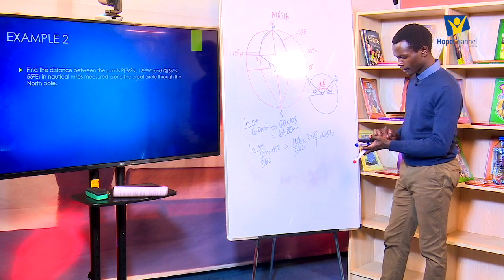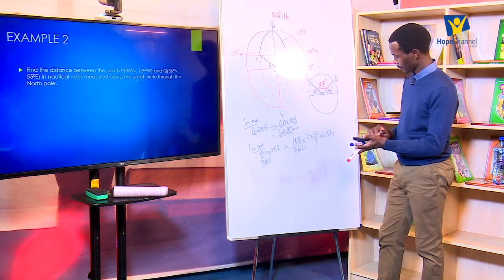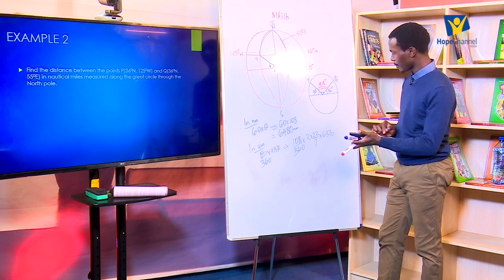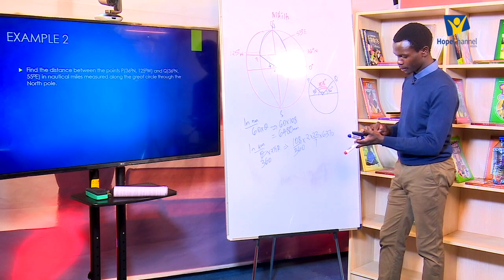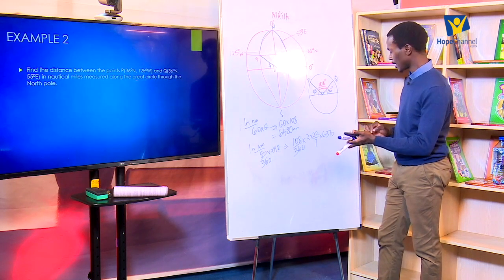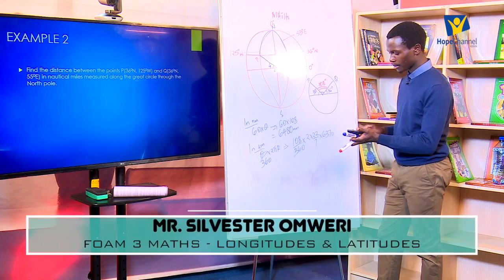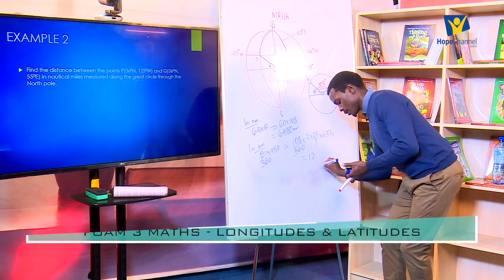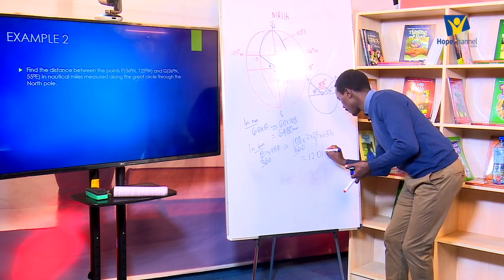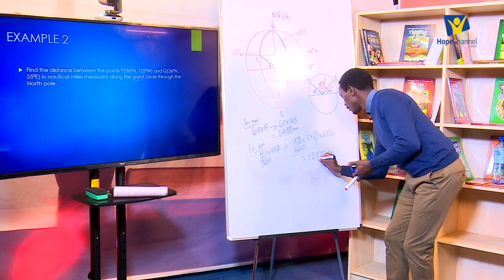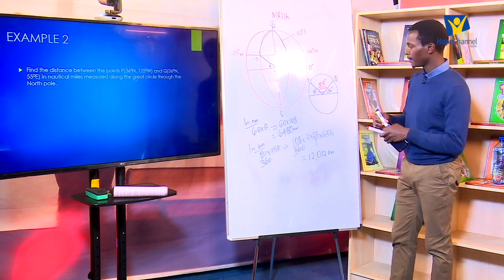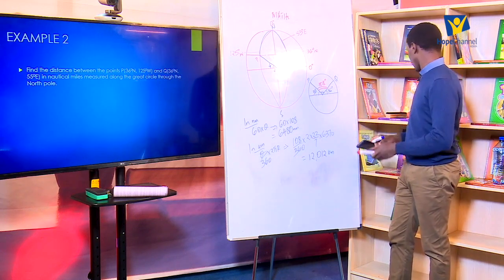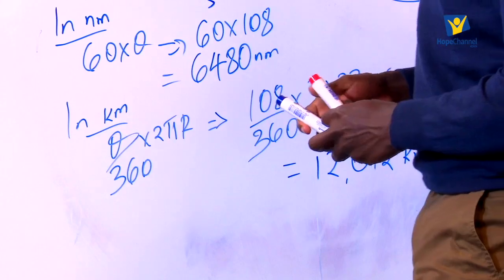So let's see what we have. 108 multiplied by 2 by 22 multiplied by 6370. Then all that you divide by 360 times 7. That should be giving us 12,012 kilometers.